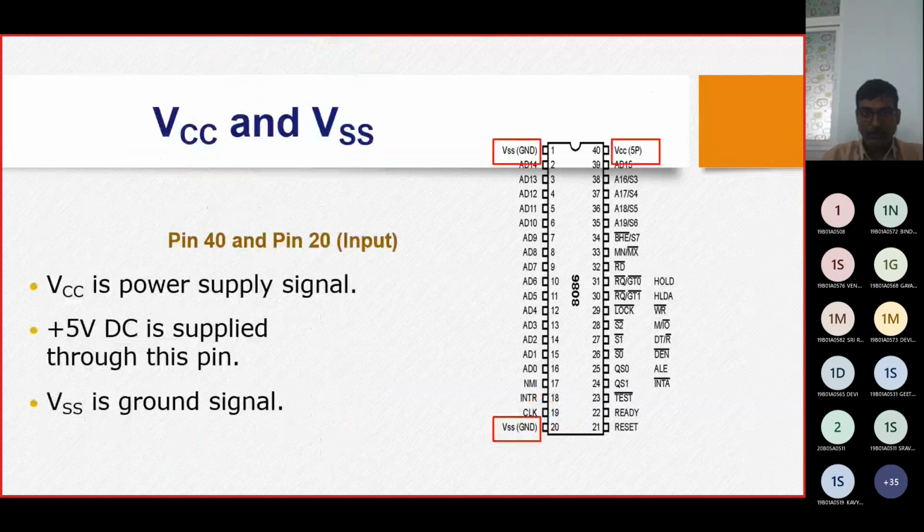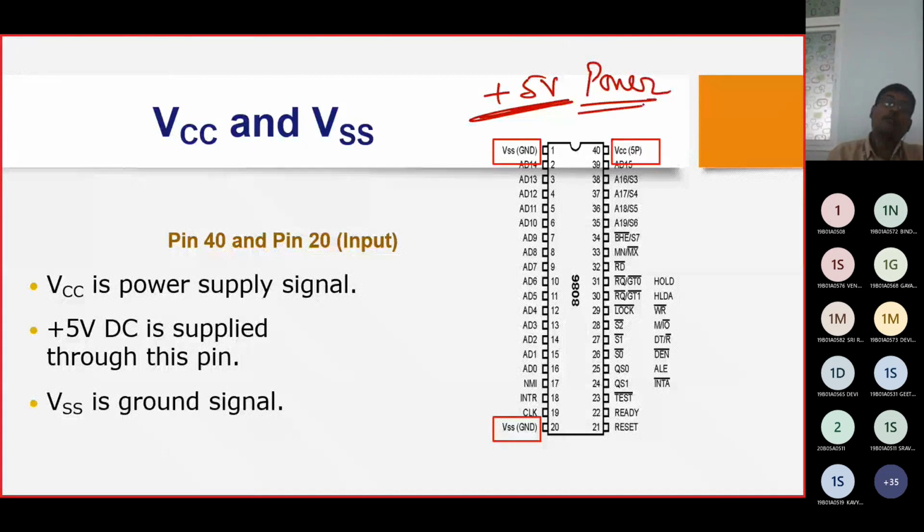Next one was, the microprocessor needs plus 5 volts power. To our house, for any plug box wherever you have, 230 to 240 volts will come from the line.